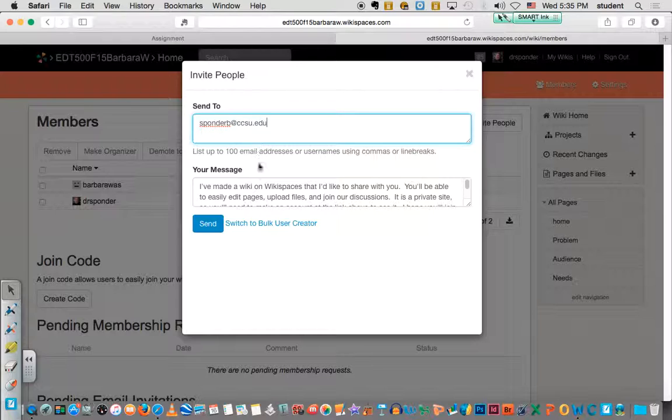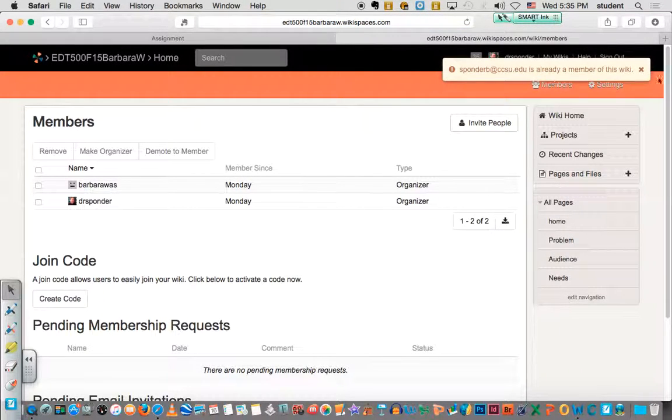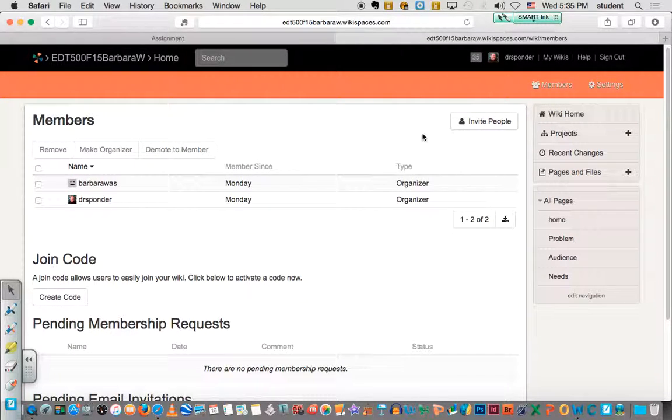And I will get this email. I've gotten many from folks already. You send this, and then it gives me a link. Because of this, if you want to join Barbara's Wiki, both she and I will get the email saying somebody wants to join the Wiki, so I can approve people joining it as well.